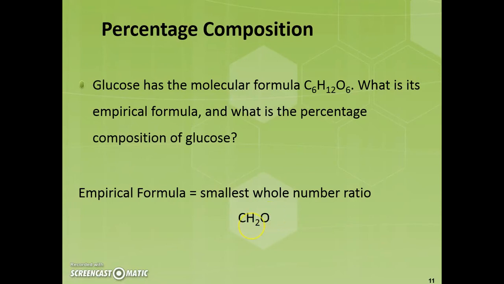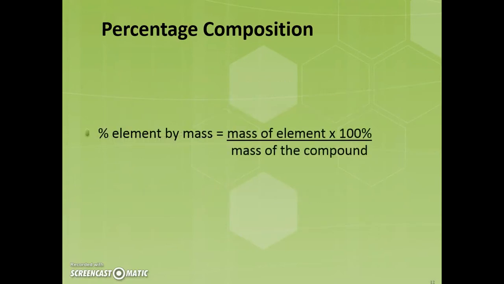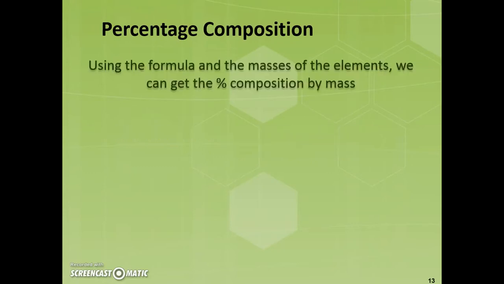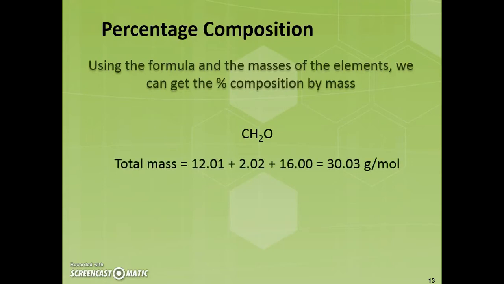Now once we have this empirical formula, we can calculate the percentage composition. So that's the percent of the element by mass, being the mass of the element times 100% over the mass of the compound. Pretty straightforward. We can use the formula to get the percent composition. So our total mass, now we could, if we wanted to, use the molecular formula, but the math's a little easier if we use the empirical formula.